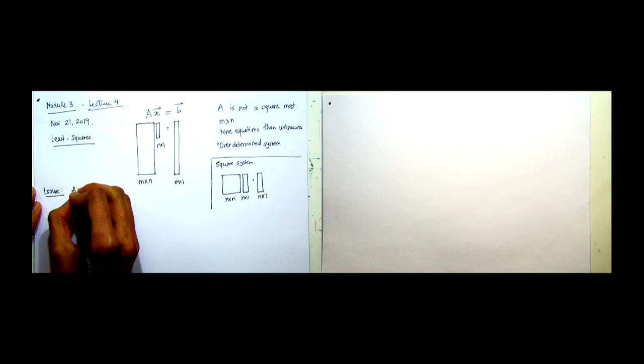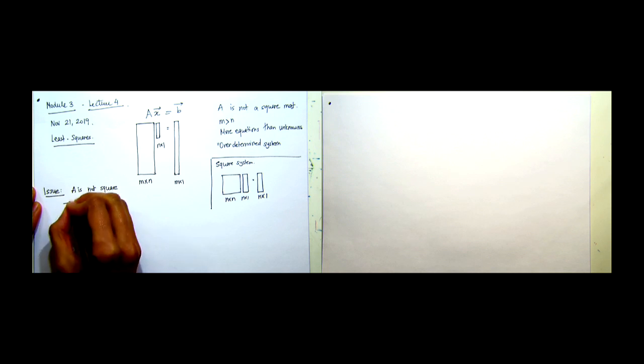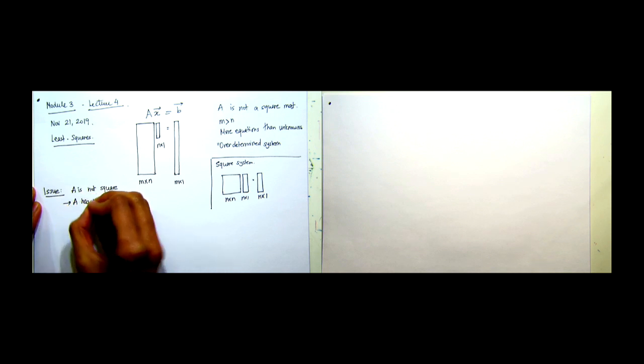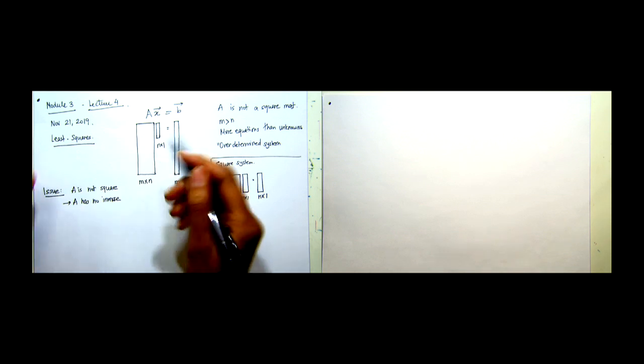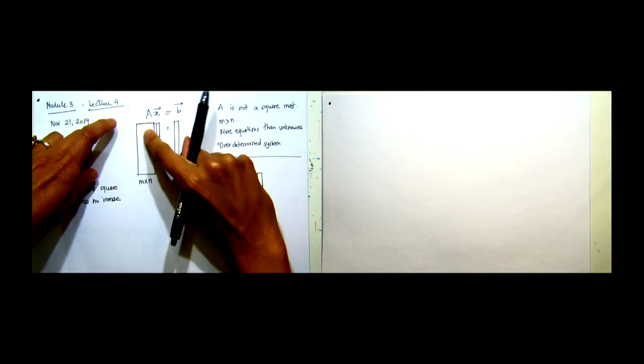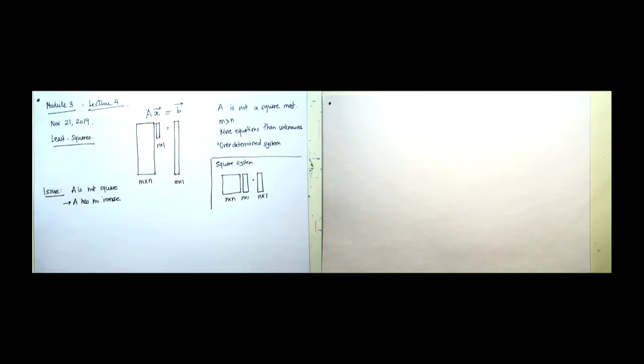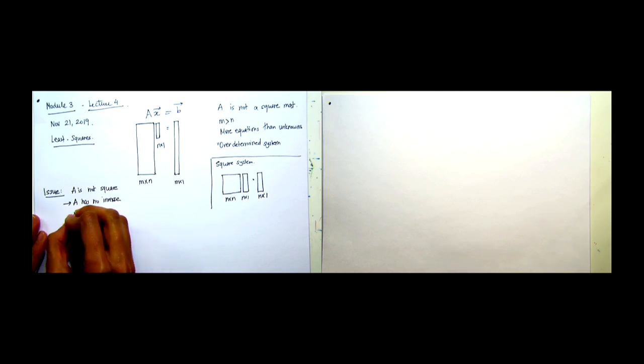Furthermore, what is the vector space that AX can belong to? Well, A times any X can only belong to the column space of A. No matter what X you choose, A times X always belongs to the column space of A.